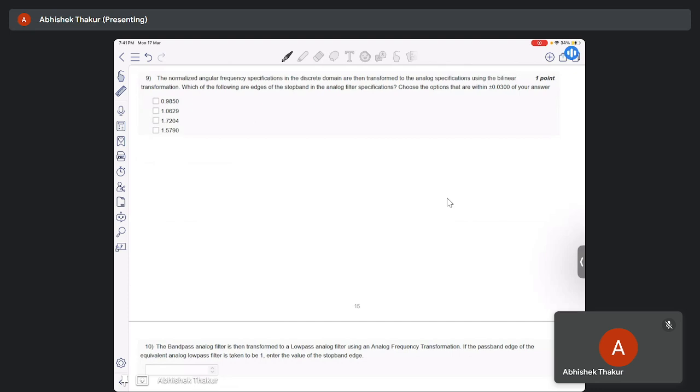So the bilinear frequency transformation is given by tan omega by 2.